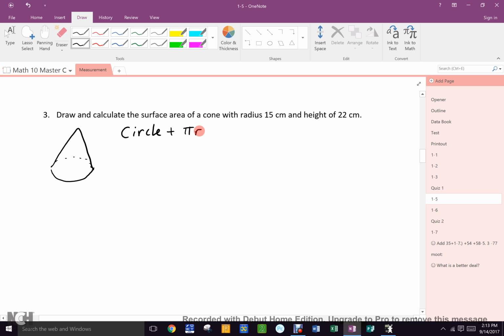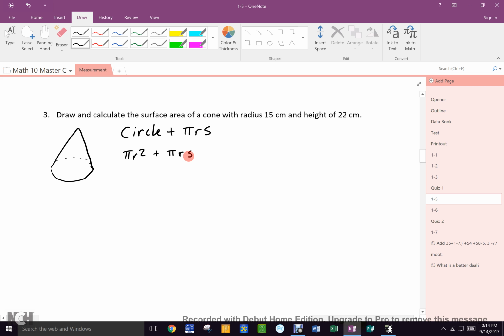But is it going to be the radius, or do I need that slant height? I need that slant height. How do I find the area of a circle? Pi r squared. That covers the circle. How do I find the diagonal part? Pi r slant. Everybody cool?